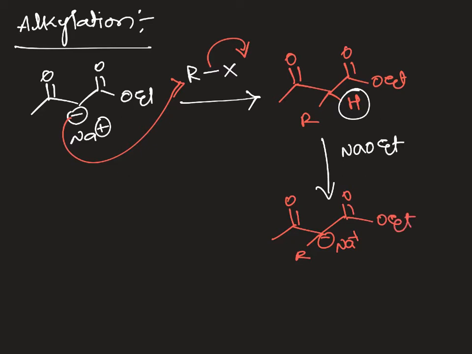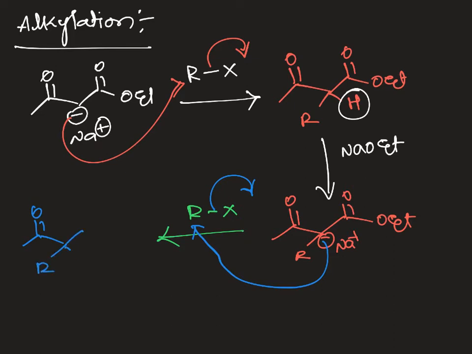If you use another mole of alkyl halide, you can take any RX, and again this acts as a nucleophile, and we get disubstituted ethyl acetate. So it is a disubstituted derivative of ethyl acetate.